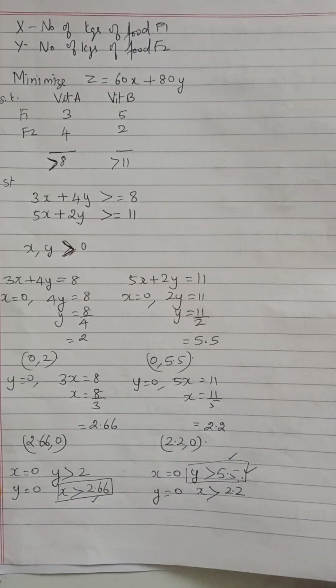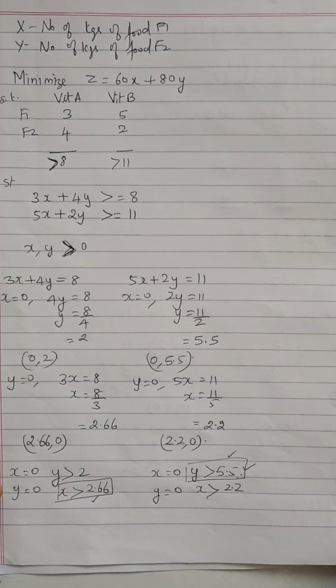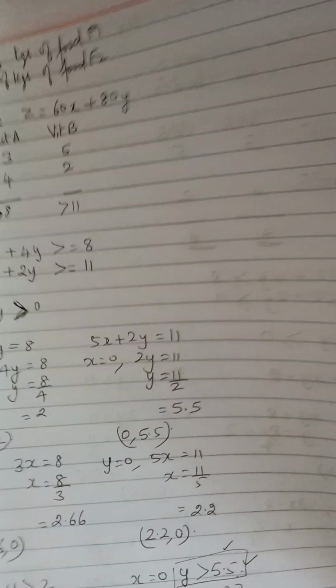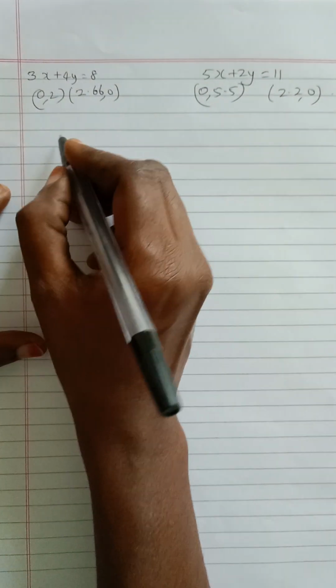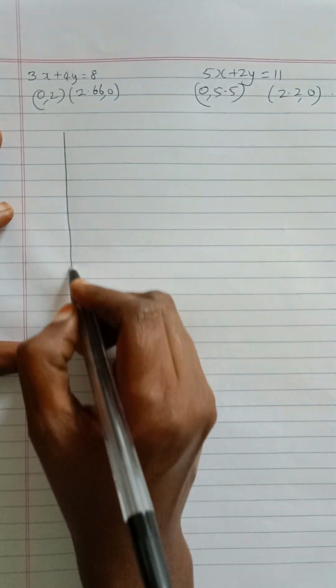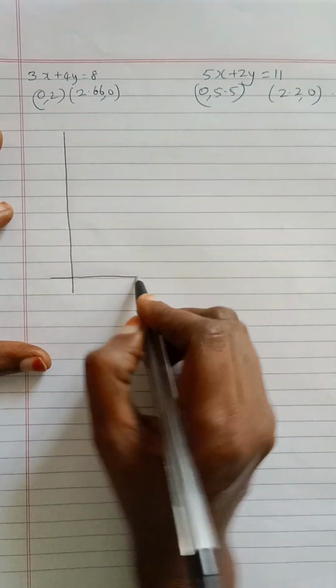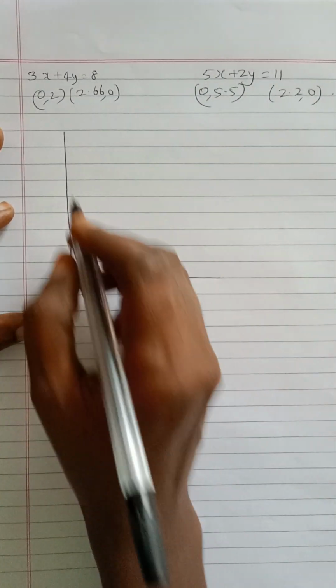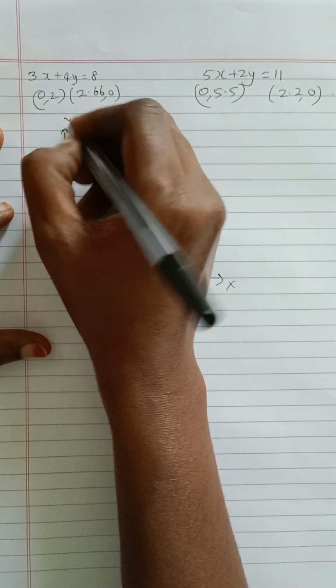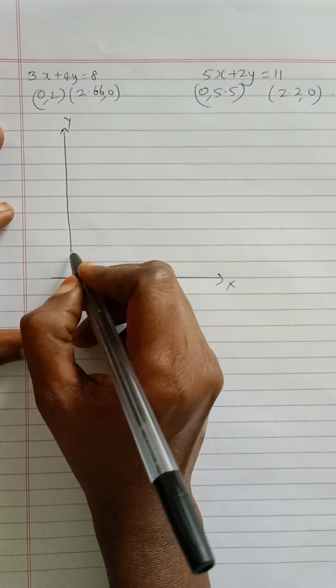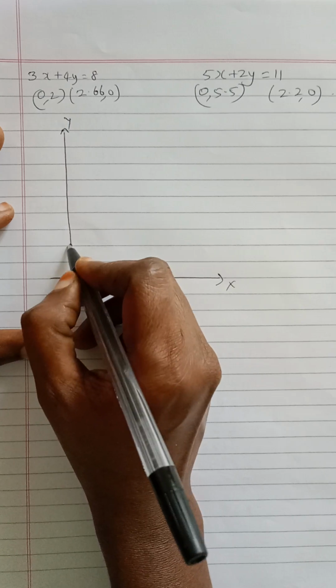So in the graph we'll have to plot these points. These are in the feasible region. Okay, now we'll draw the graph. We have written down the points here. I will draw the graph. Here, 0, 2 is this one.